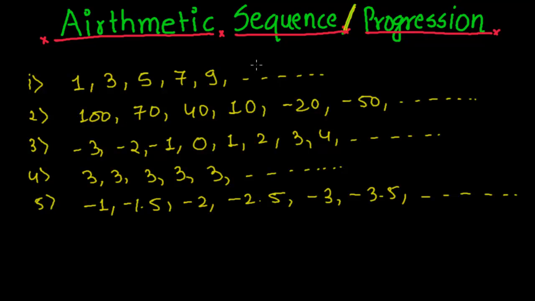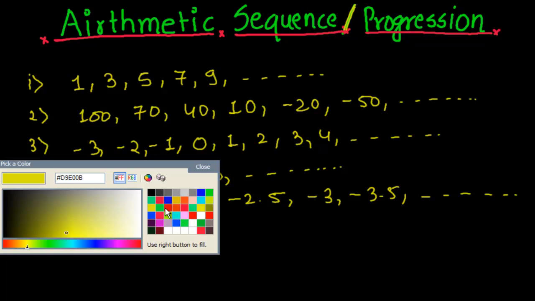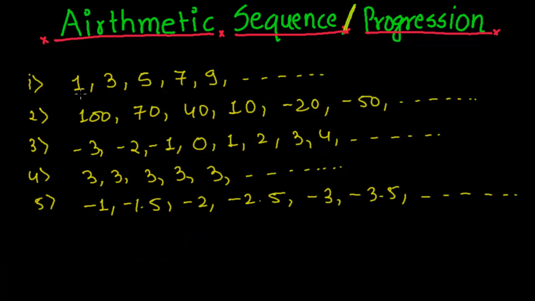So let's observe what we are getting here. This is 1, this is 3, this is 5, this is 7, this is 9. See the first term is 1. If you add 2 to the first term, you get the second term: 1 plus 2 is 3.